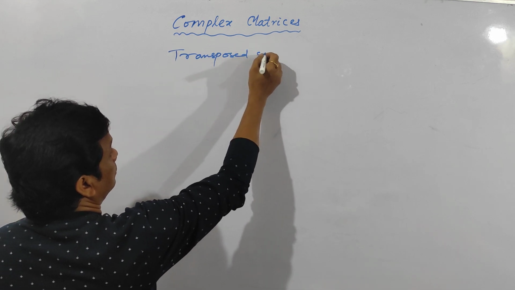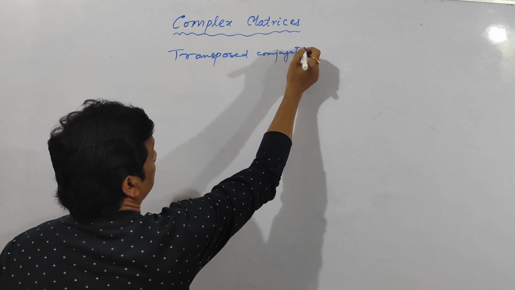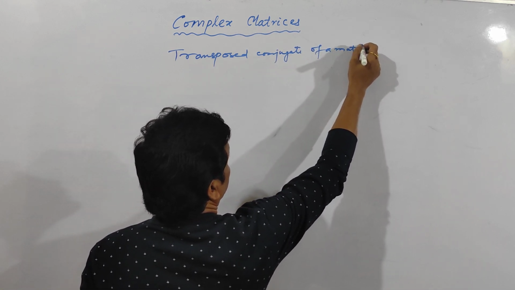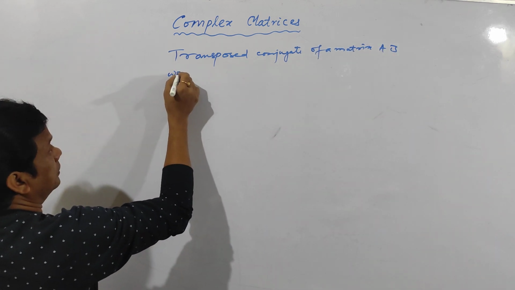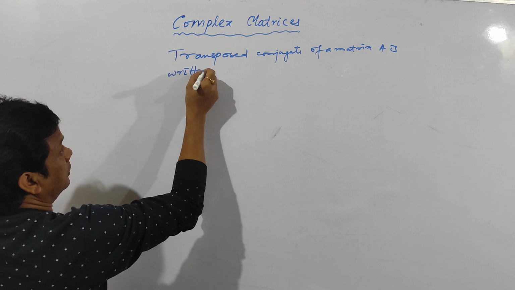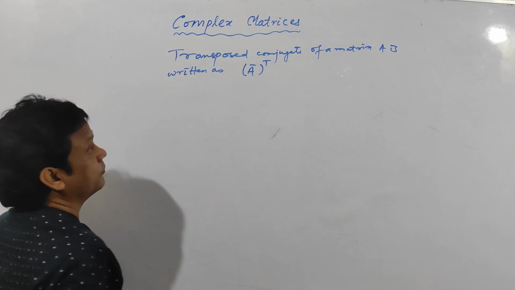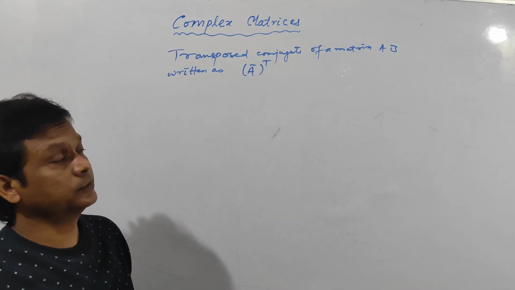Transposed conjugate of a matrix A is written as A bar transpose. Transposed conjugate of the matrix A.